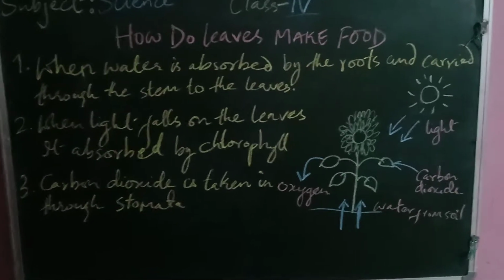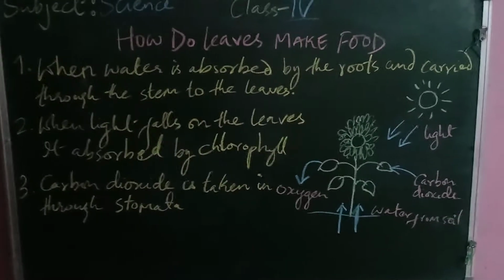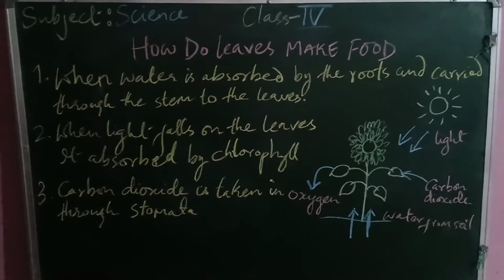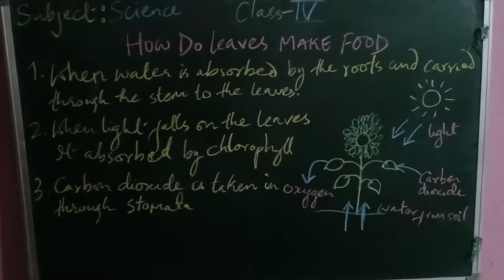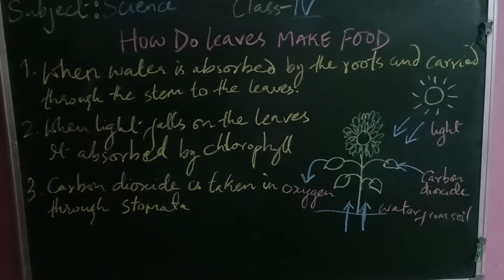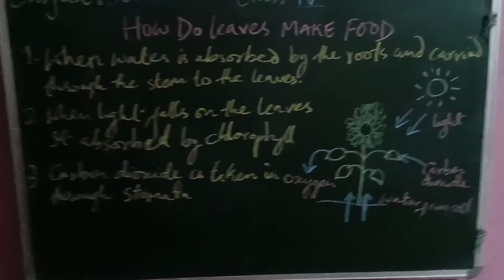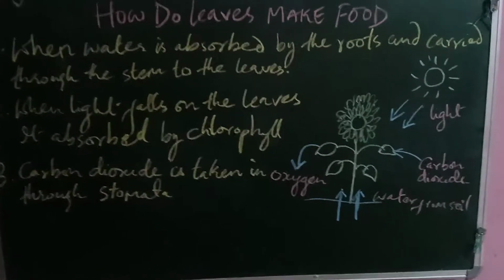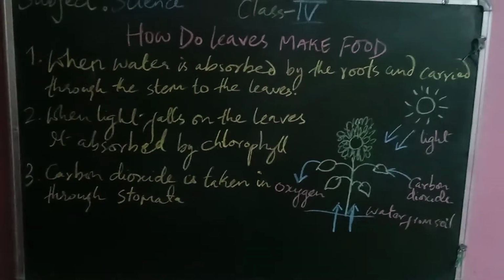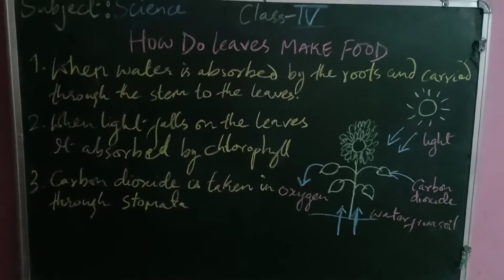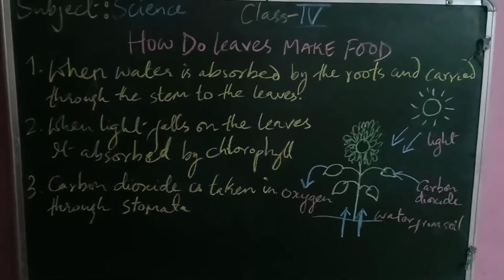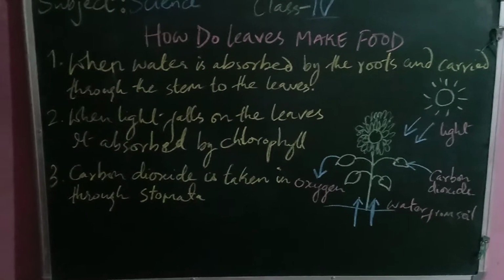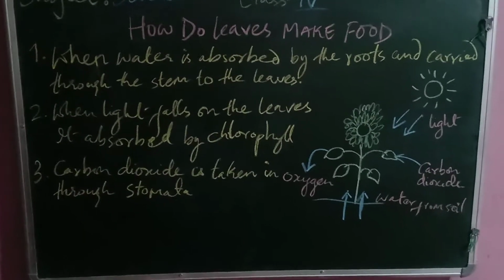We should have a clear concept of what is taken in by the plant, what the raw materials are that it takes in to prepare the food, and what is released after making that food.